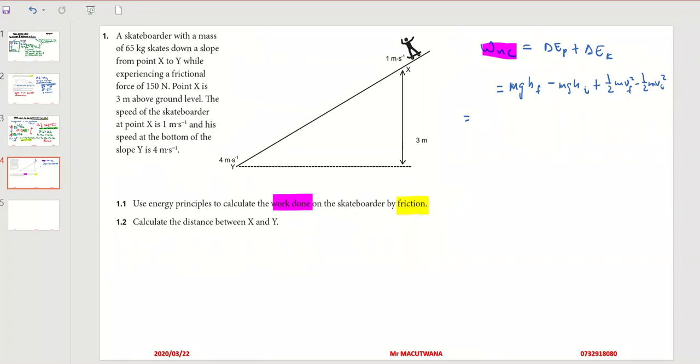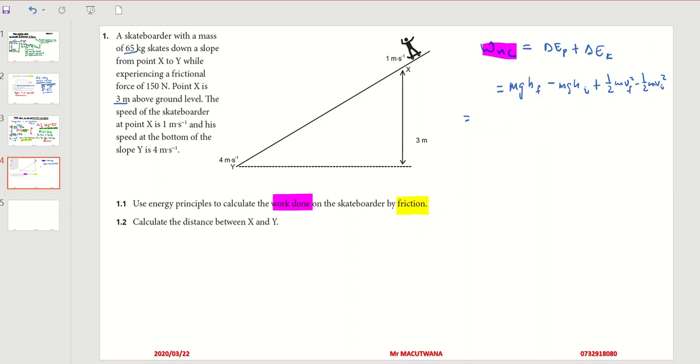Now, are we given a mass? Yes, the mass is given. Are we given height? Yes, the height is given as 3 meters above the ground. Remember, your height must be vertical height for work done by force of gravity or gravitational potential energy. You always take the vertical height.